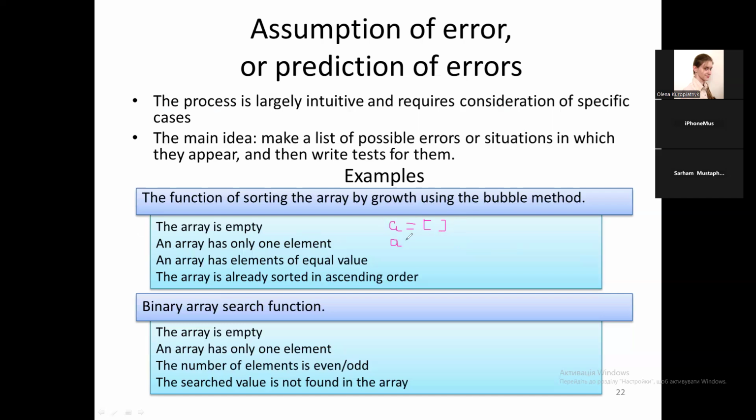In the second, where the array has only one element, and where it has elements of equal value, for example, you can see there are number 2, number 3, and the last.